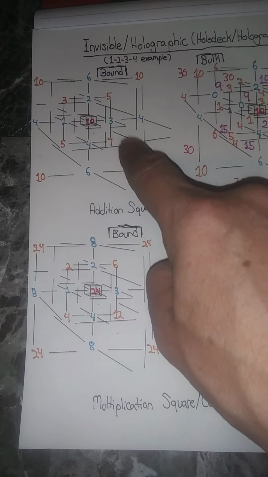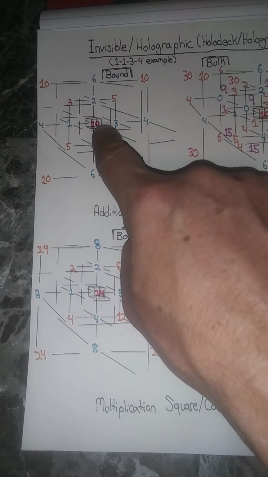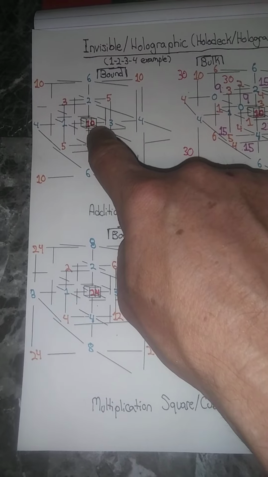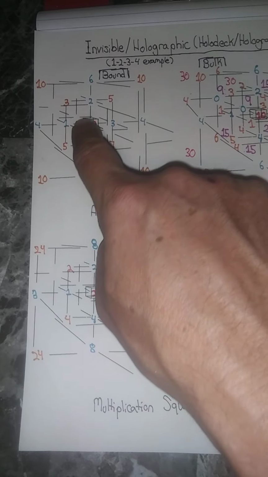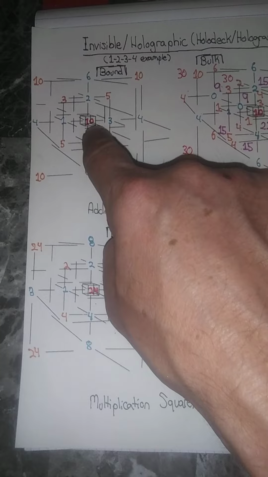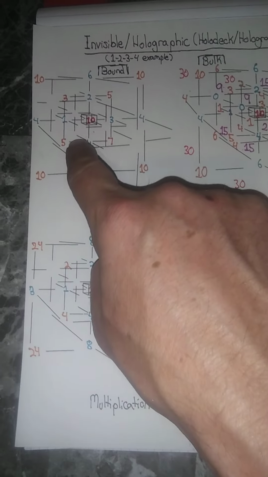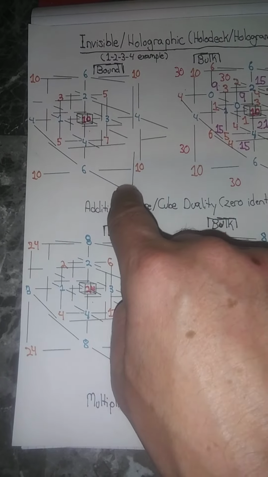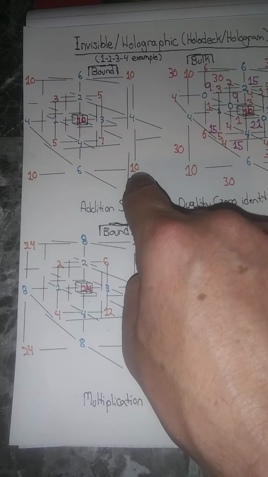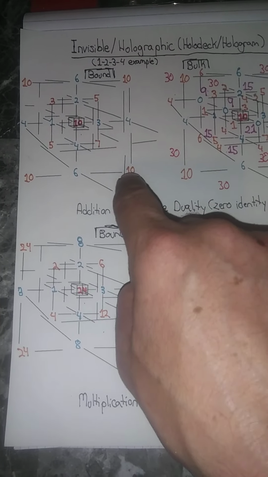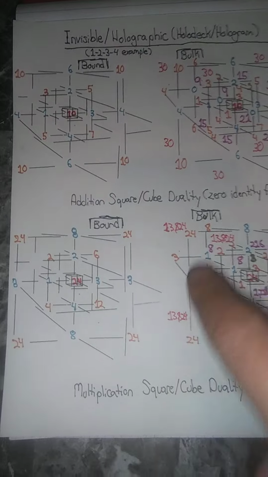In addition, 10 is the middle hologram number, and 1, 2, 3, 4 are the primary numbers which give rise to the inner holodeck and the outer cloaking numbers, ghost numbers of the bulk.